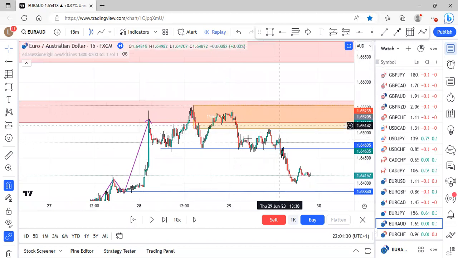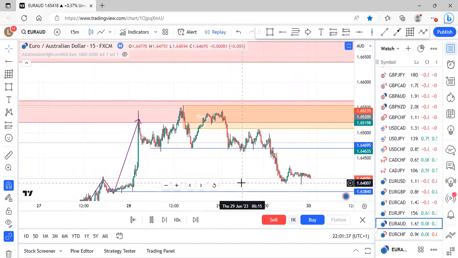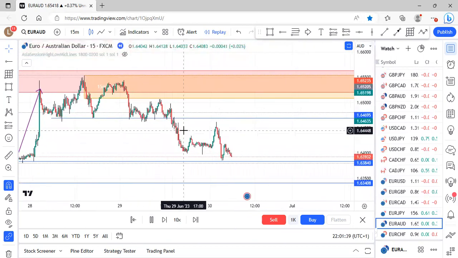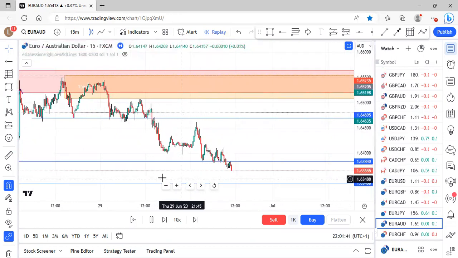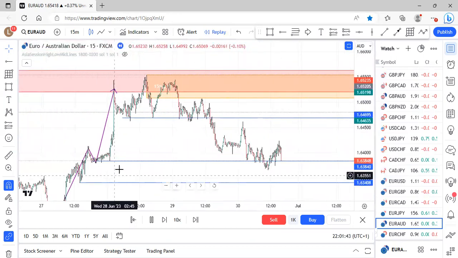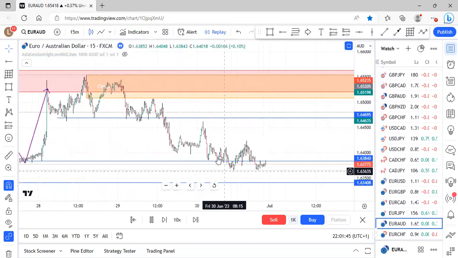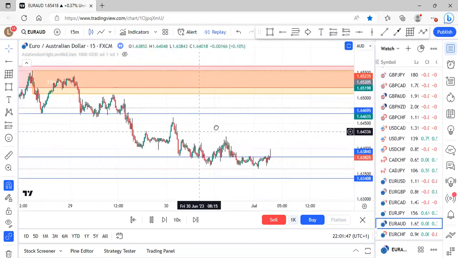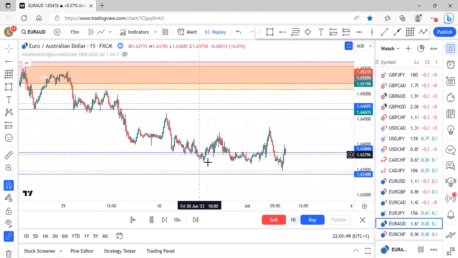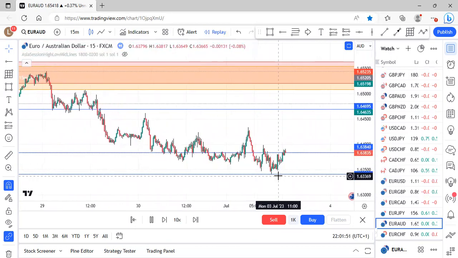Pretty good. We've got a trend line. Still the chance of this was structure. You see this sort of wicks that touch it but don't break it, but then it eventually goes.